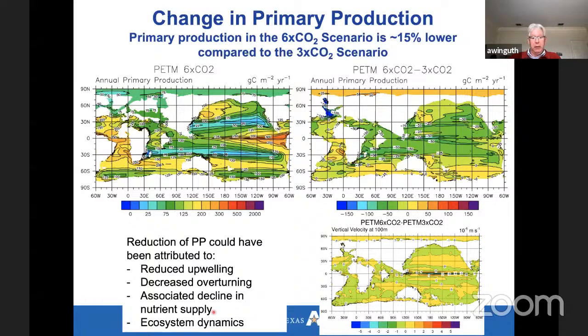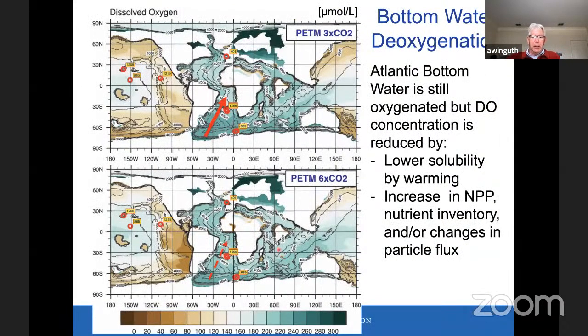Jai Wang looked also in her thesis at the changes of the ecosystem dynamics, so I don't want to talk about that here. Now, the bottom water oxygen concentration is shown here in this graph, the 3 times CO2 simulation, the pre-PTM condition, and then the PTM condition.